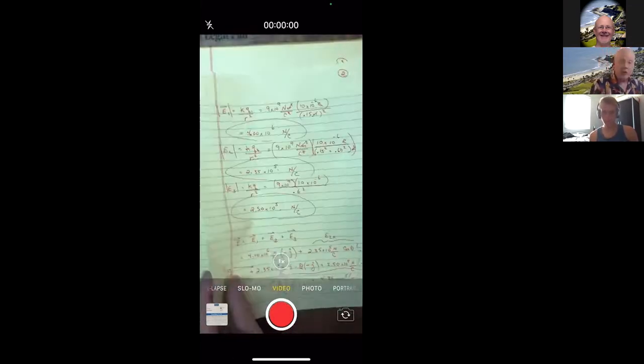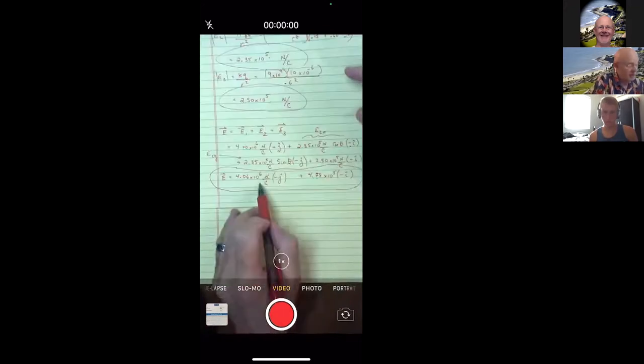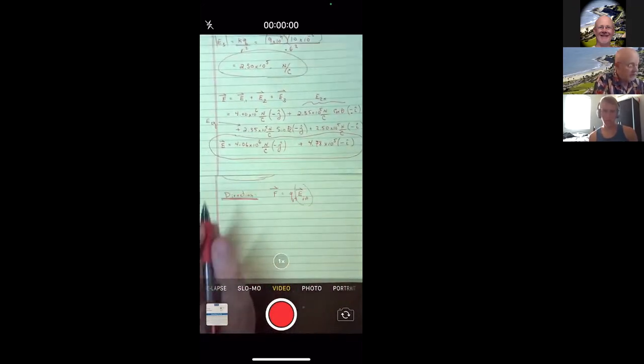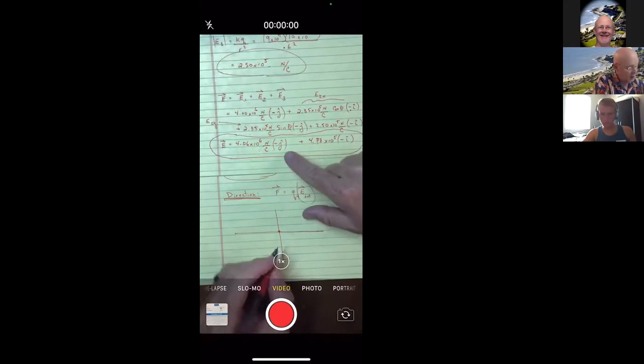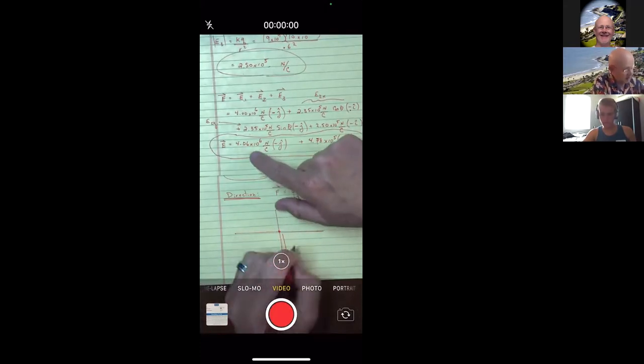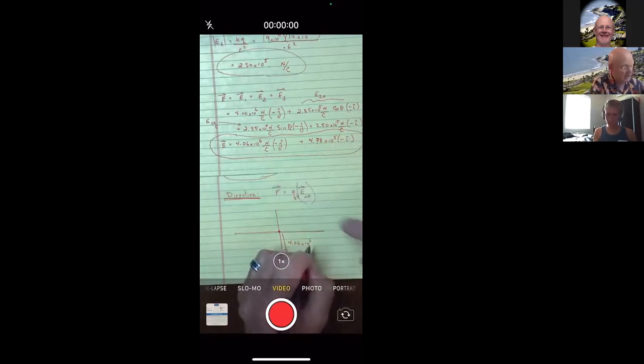So let me bring page 2 back into this picture here and say, okay, remember, this is what the field looked like. So if I did a grid here, it's saying it goes down by this much, 4.06 times 10 to the 6th.